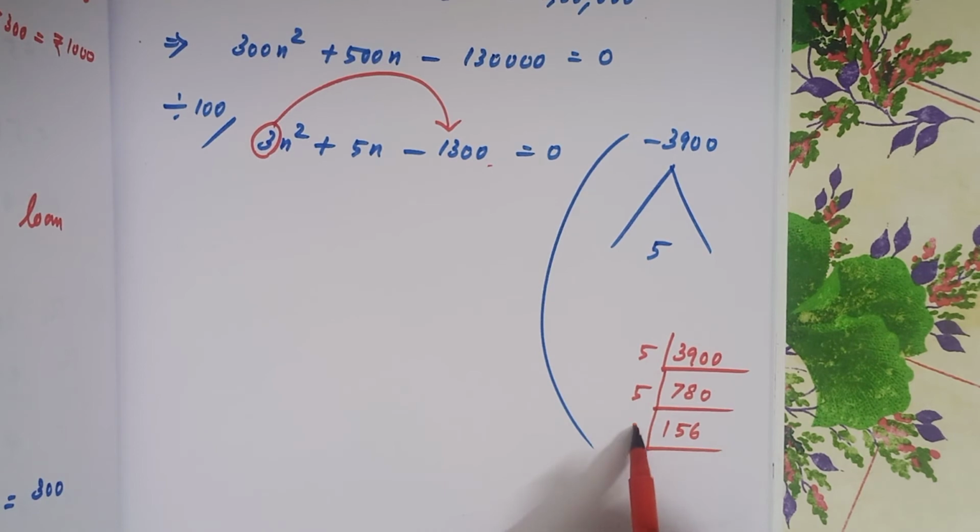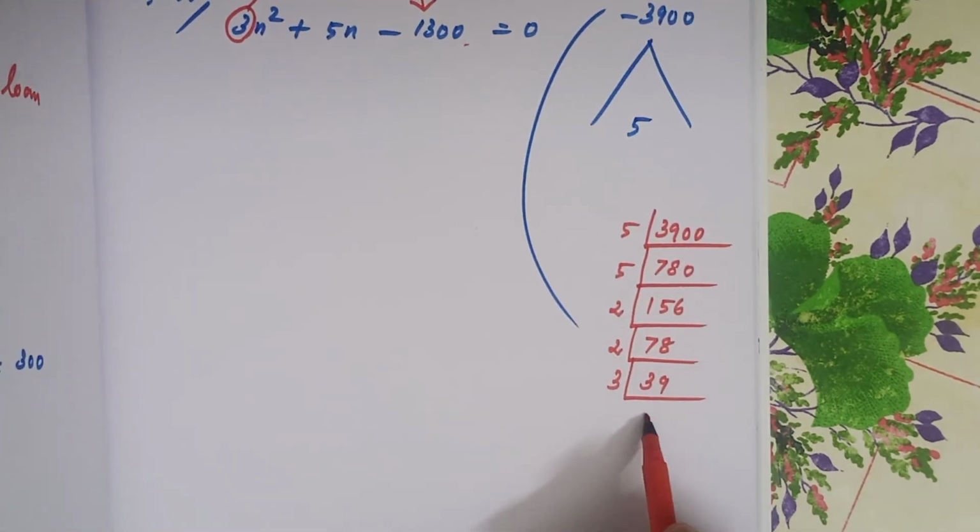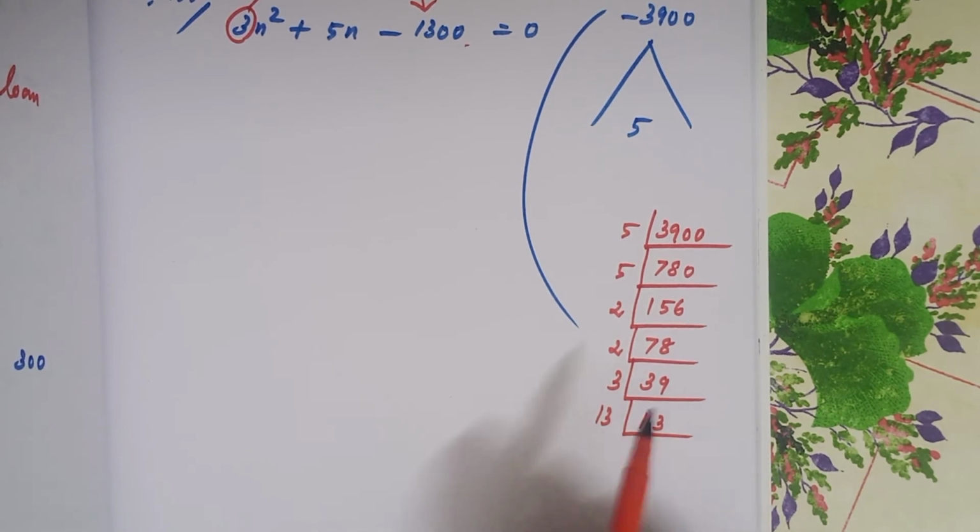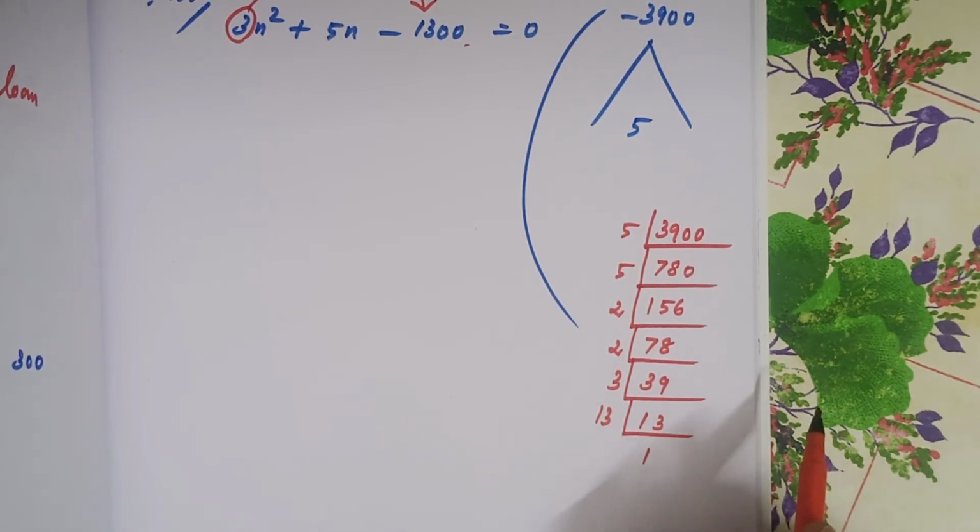Here we can divide by 2 table. 7, 8. Again divide by 2 table. 39. Can divide by 3 table. 1, 3. That's all. We can divide by 13. 13 is a prime number. So 1 time. So in which combination can you get 5?